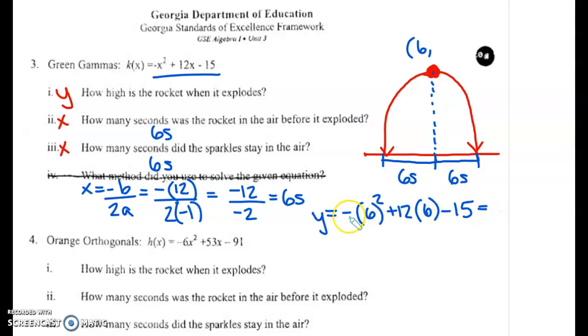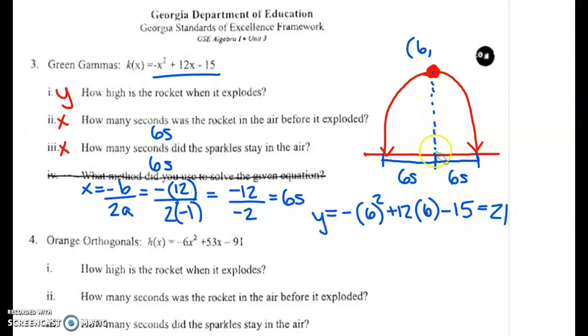So notice the negative. It is not in parentheses. So when I plug this in, I got negative parentheses 6 parentheses squared plus 12 parentheses 6 parentheses minus 15 equals, it looks like it's 21.